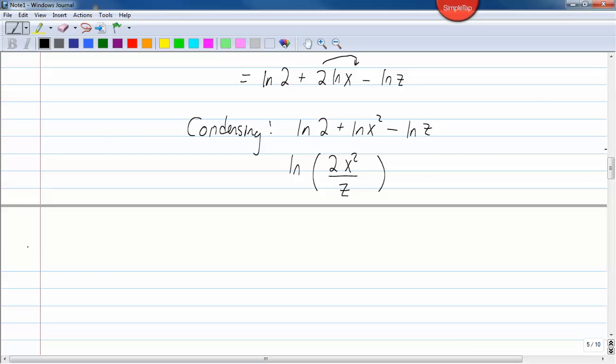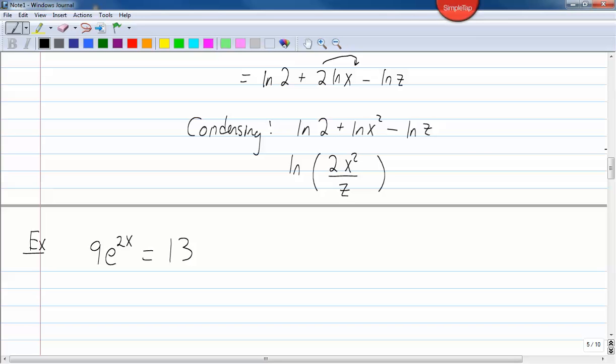So you can use those properties to help solve logarithmic or exponential equations. Say that I had, let's see, 9e to the 2x power equals 13.